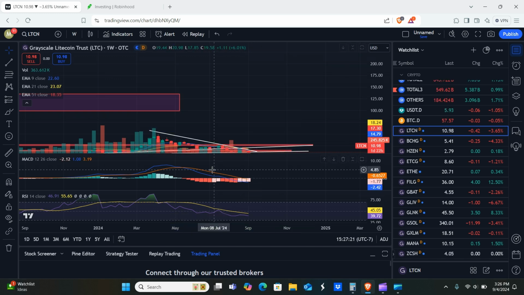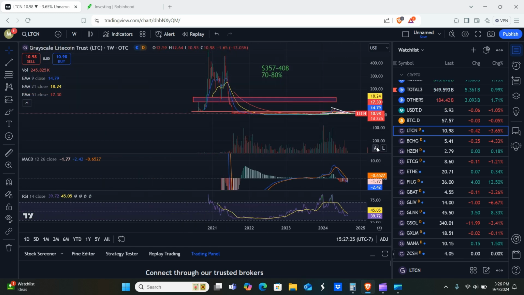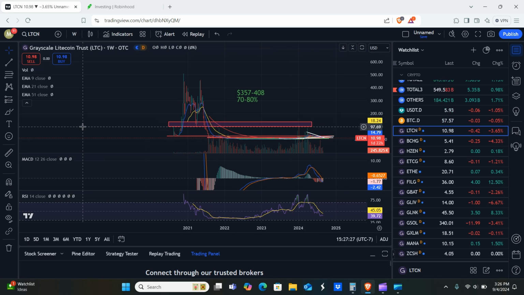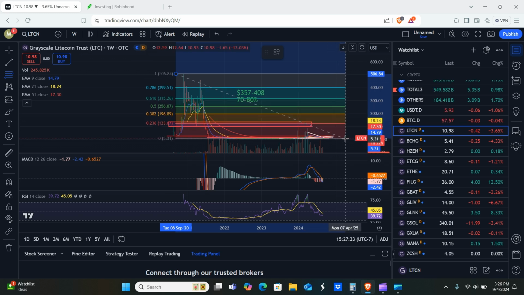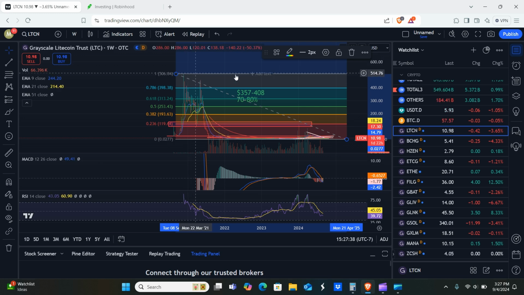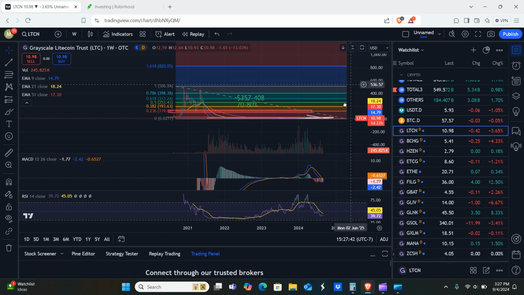Do keep in mind that any of these levels in terms of the Fibonacci retracements are possible, but nothing is a guarantee. Whether it likely goes to these levels or not, that's a different story entirely. If I was in LTCN at these prices currently and it went to $510, I would be very satisfied with that. I would not care if it went to a couple thousand.